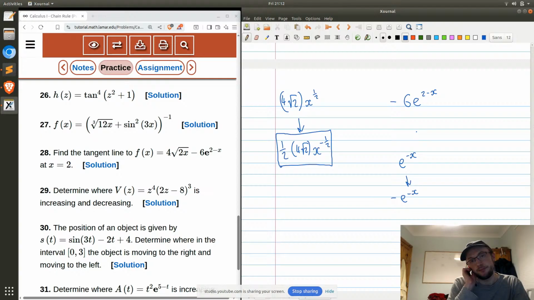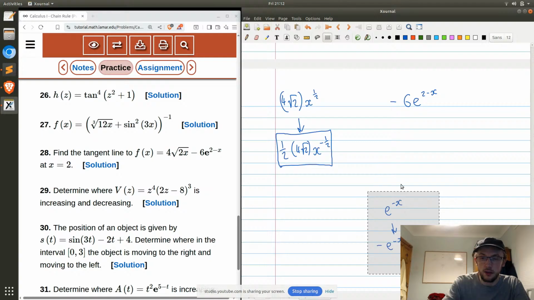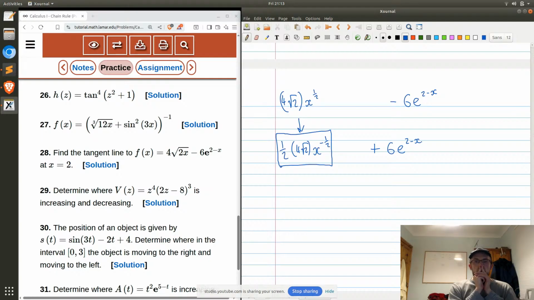So it's just going to be plus 6 e to the 2 minus x, is it not? I think so. Yes.